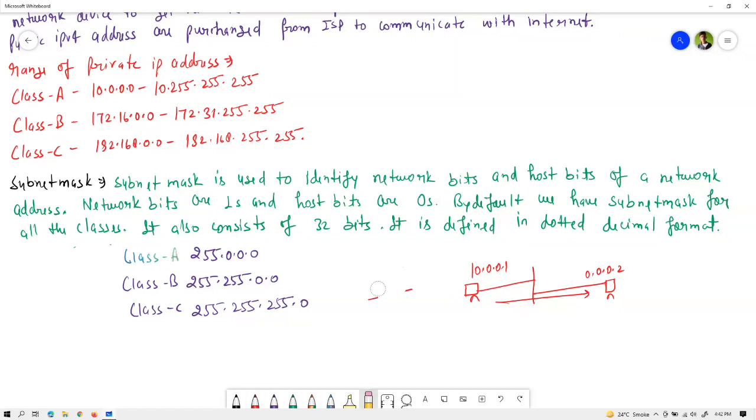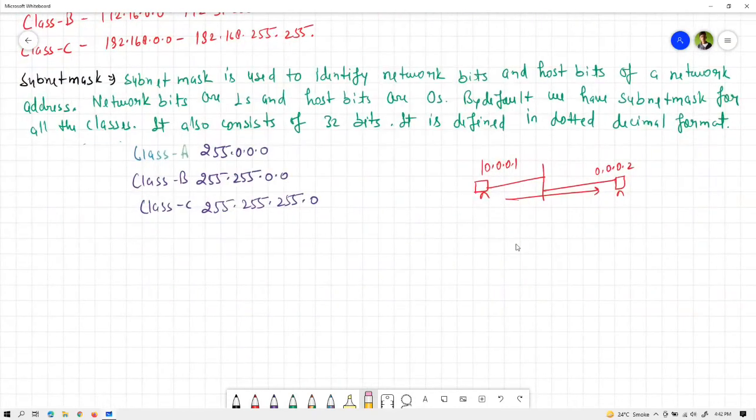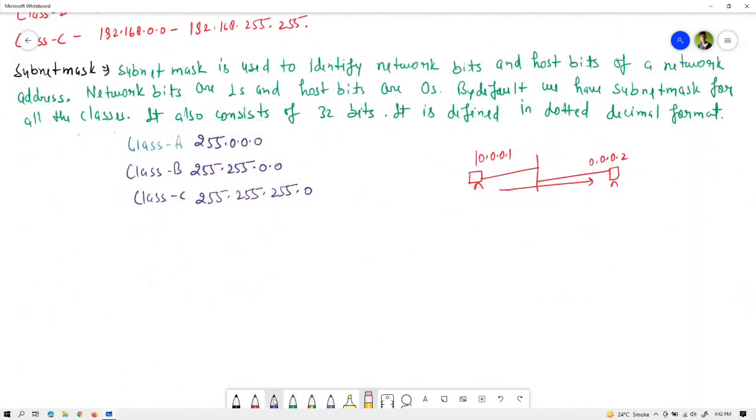It will put its IP address and subnet mask in the AND operation, and the resulting output will be the network address. If it matches the destination IP address, it means both IP addresses are from the same network, right? If the network address does not match the destination IP address, it means they are from different networks.